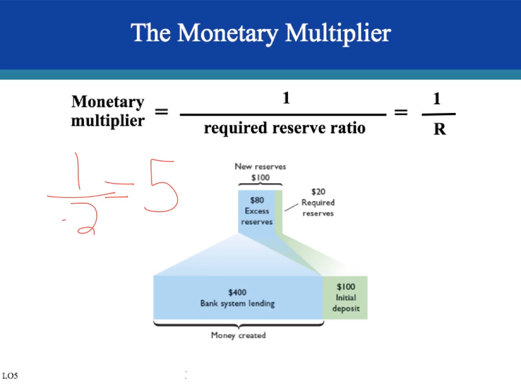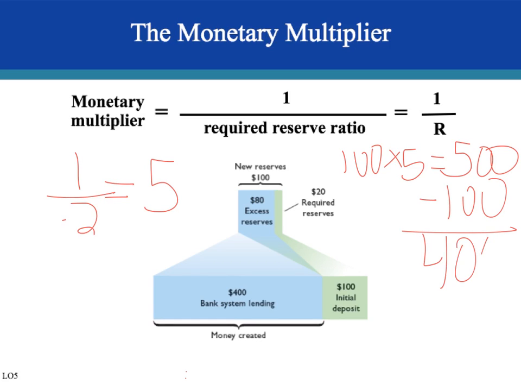So our initial deposit was $100 times 5. Okay, we get 500. Okay, and once we subtract the initial deposit, we get that $400, which is the maximum that can be created from the deposit of $100.